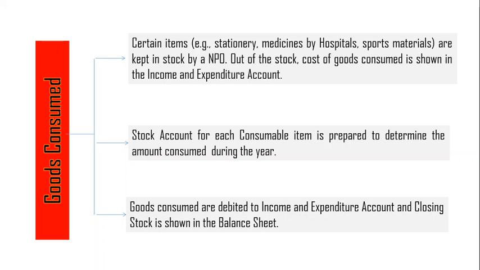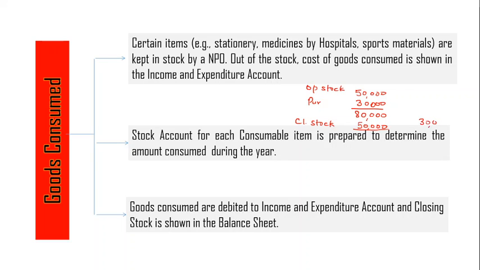So in simple terms, if I say stationery is purchased for rupees 50,000 and already there is a stock of 30,000, so now the stock is 80,000. Out of this, if at the end of the year the stock which remains is 50,000, this is the closing stock, and the 30,000 is the opening stock, then what is the balance?